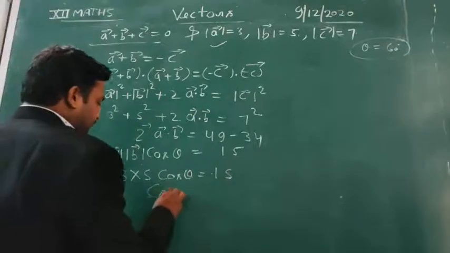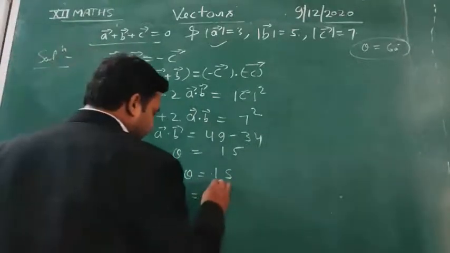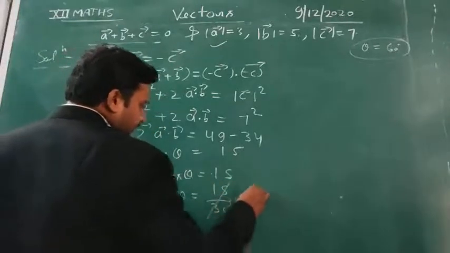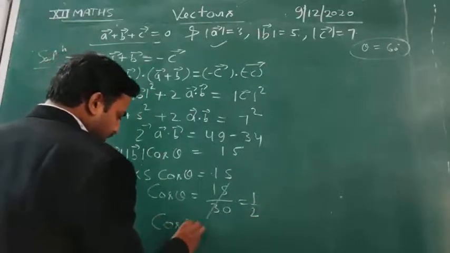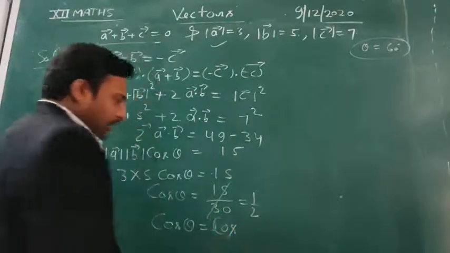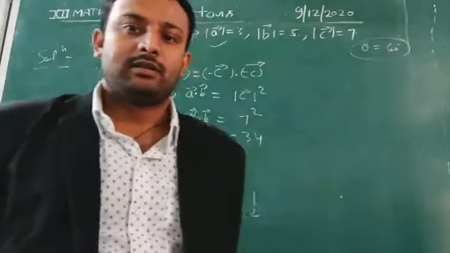And cos theta is what? 15 over 30. So 15 by 30 cancels to 1 by 2. So cos theta is 1 by 2; the value of 1 by 2 is which angle?